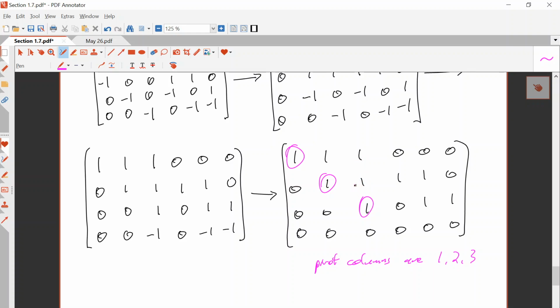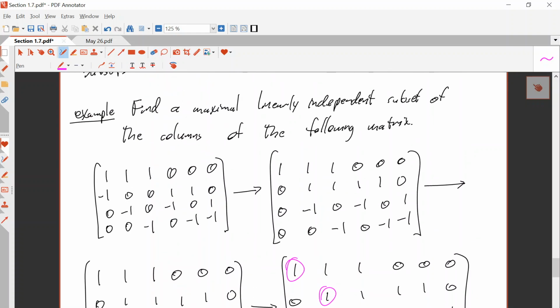Okay, these are a linearly independent set of vectors, true. These 3 column vectors here. They are linearly independent, but they're not the original vectors I started with. What I want are the original vectors I started with. Which subset of those is linearly independent? Okay, so pivot columns are 1, 2, and 3. So these are linearly independent.